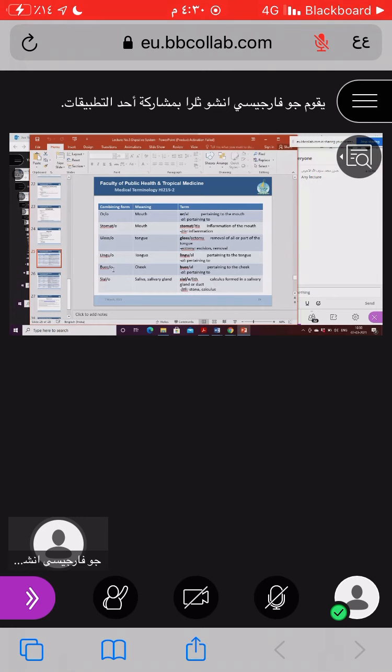Or look at the last word, sial. What is the name of the salivary gland? The medical term for salivary gland is sial, and the example of a term given here is sialolith.